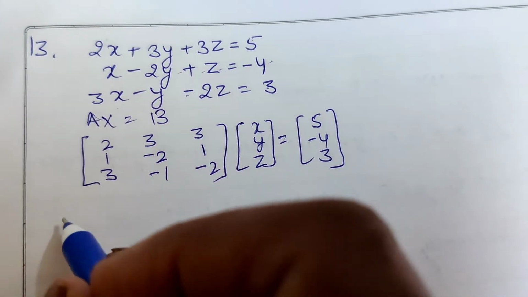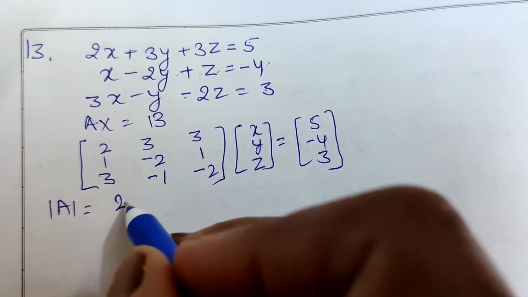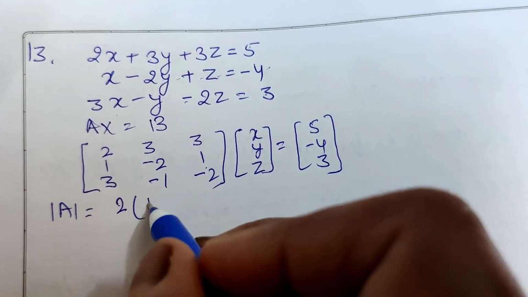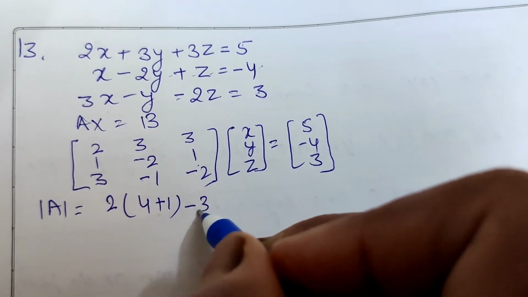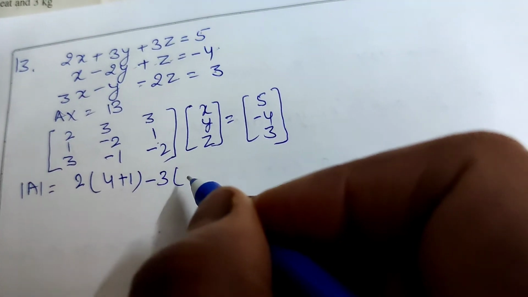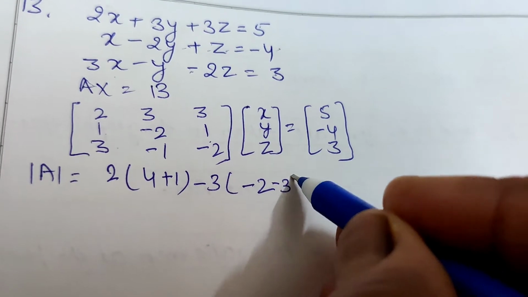Okay. First, the value of determinant A. 2 into 2, 4, minus, plus 1, minus 3, 1 into minus 2, minus 2, minus 2, minus 3.